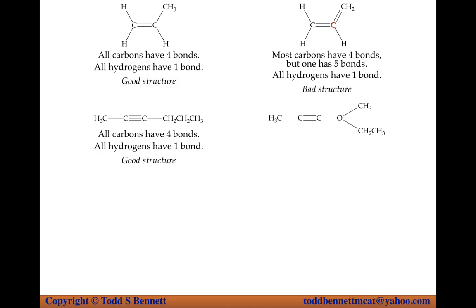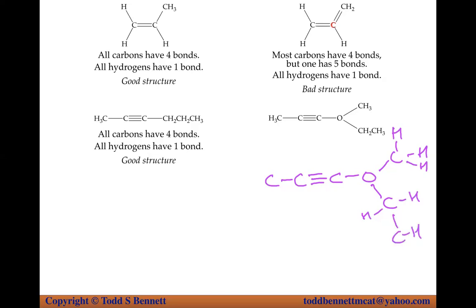So I'm going to have the same structure, but now a little bit different over here. Again, I want to draw my connectivity out more thoroughly. So that would be the O, CH3, C with 3 H's, C with 2 H's connected to a C with 3 H's.